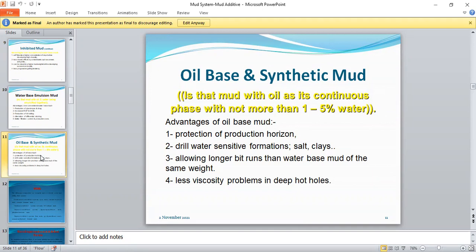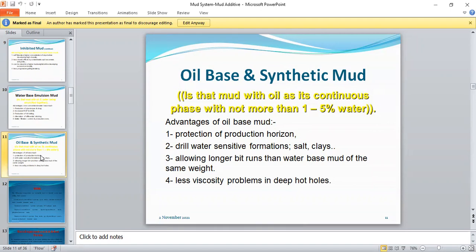Just like when you have two enemies and you're a friend to both of them, you can make the two of them become friends. You use one hand to hold one and the other hand to hold the other, and you make them communicate together. Because of you, they become friends. So we have emulsifiers, mud additives that will make water and oil mix.